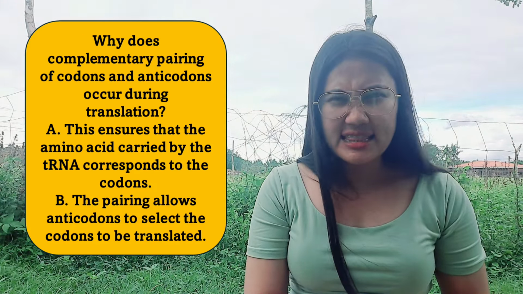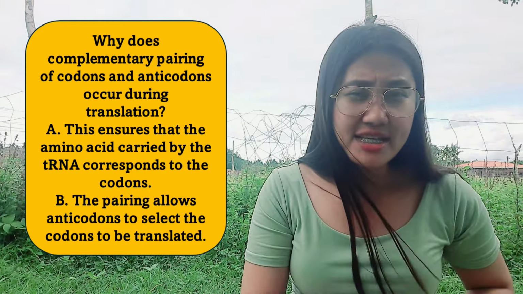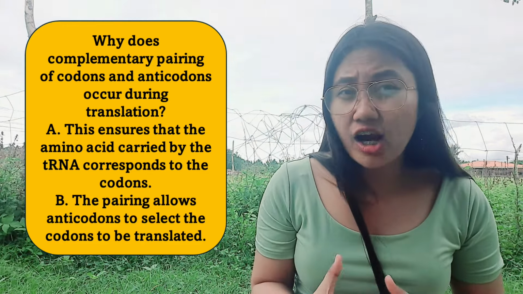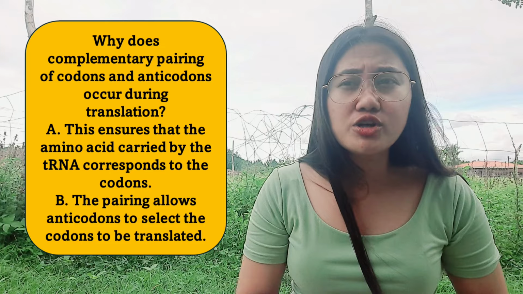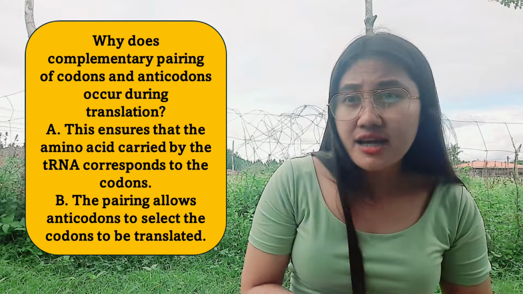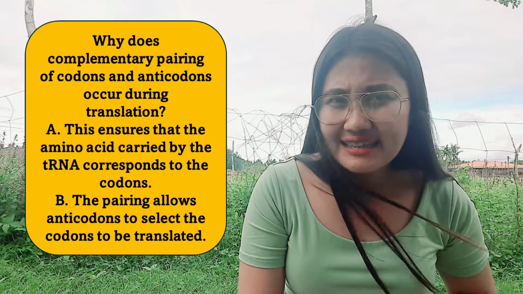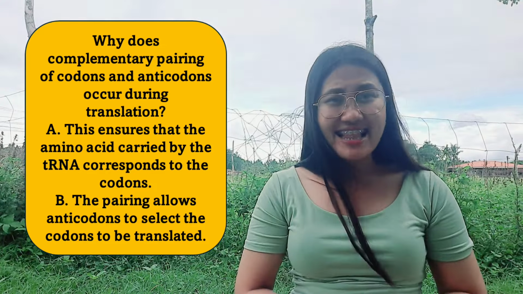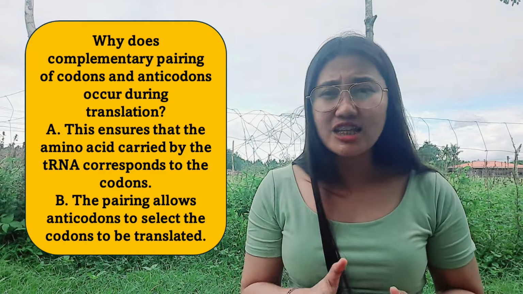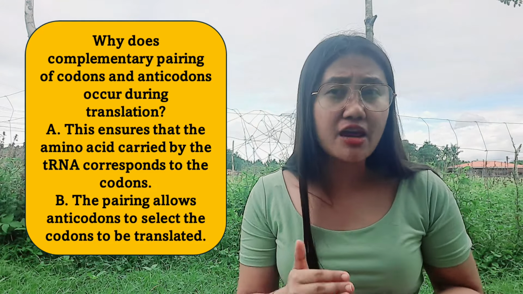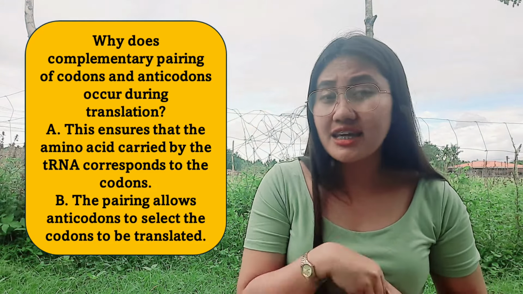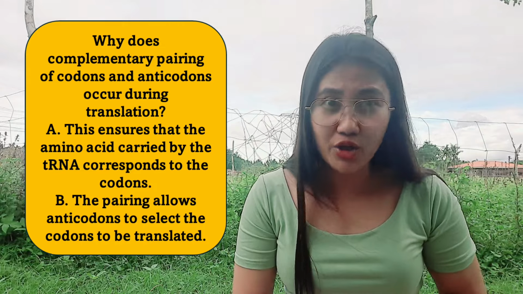Is it this ensures the amino acid carried by the tRNA corresponds to the codons, or letter B, the pairing allows anticodons to select the codons to be translated? Alright, the correct answer is letter A. This ensures that the amino acids carried by the tRNA correspond to the codons.